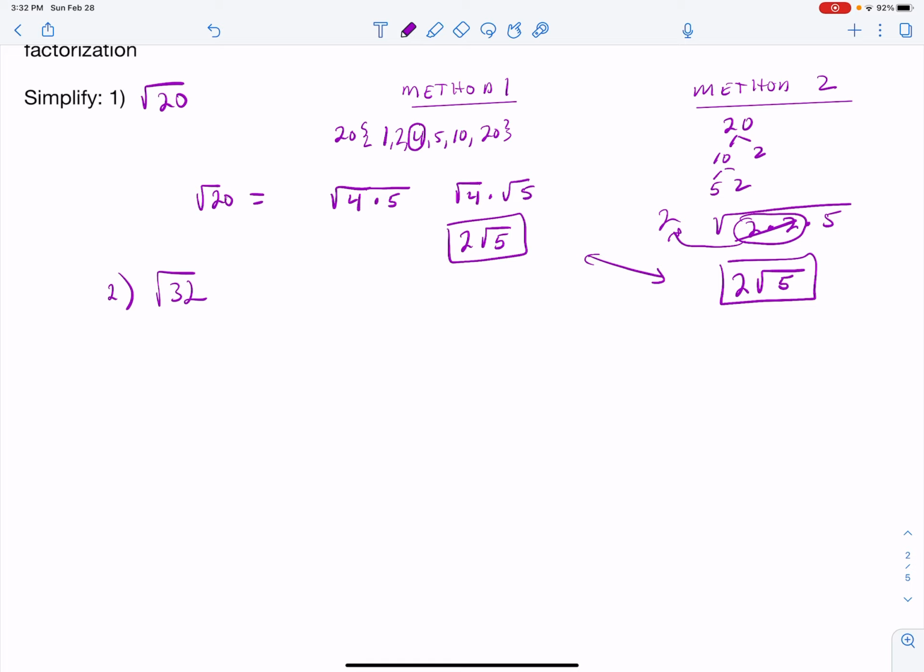So let's do number 2, the square root of 32. We could do it in method 1. I'm going to speed this up a little bit. Method 1, we could factor it out. Or some of you will see right away that the square root of 32 is the same thing as 16 times 2, okay?